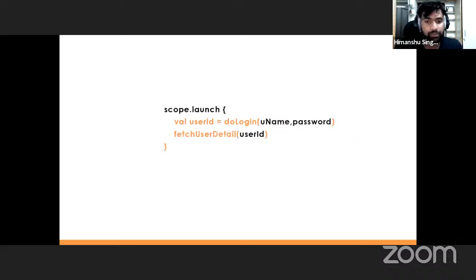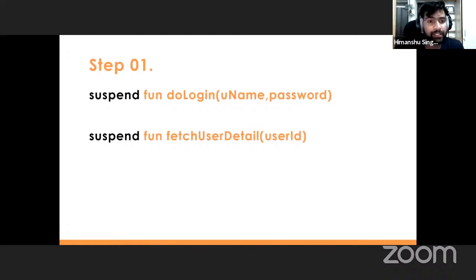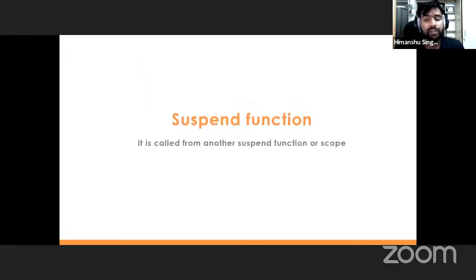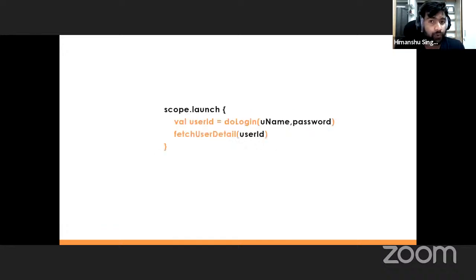If you remember two slides back, we actually added a suspend keyword to both of these functions. The first function was do login. The second function was fetch user detail, right? So if you need to call a suspend function, it can be called only from something like a scope, which can be a lifecycle scope, a coroutine scope, a view model scope, anything.